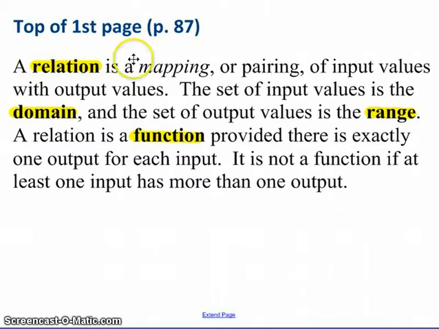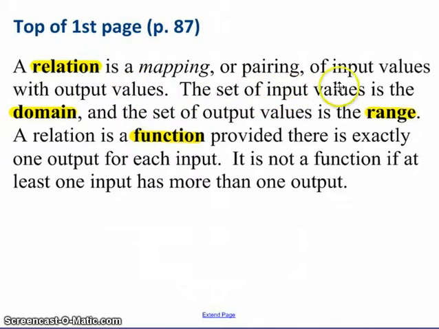As they say, a relation is a mapping or a pairing of input values. Now you have a clearer idea, I think, of what an input value is with output values. A perfect example, as we've talked about, with input values is tree age, and the output value is the tree height. Of course, it could be child age and child height or other measurements.